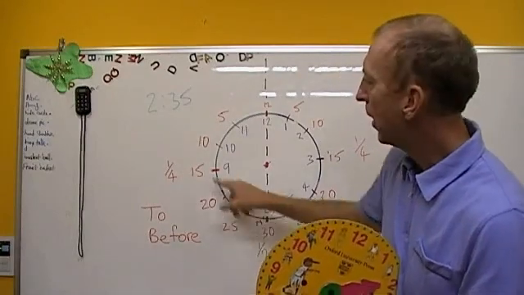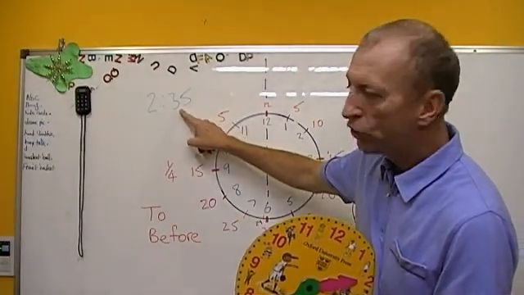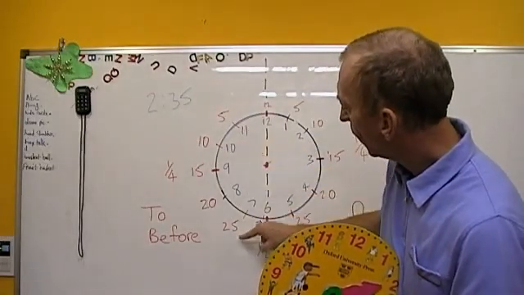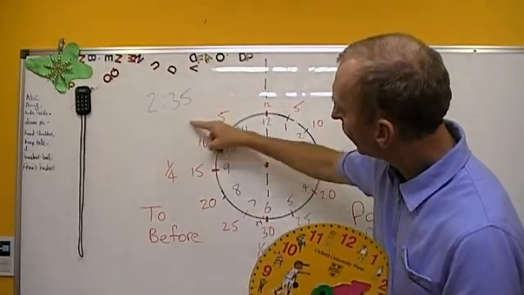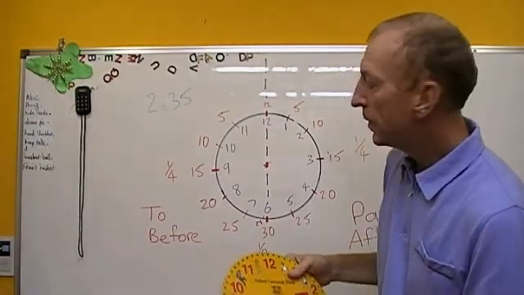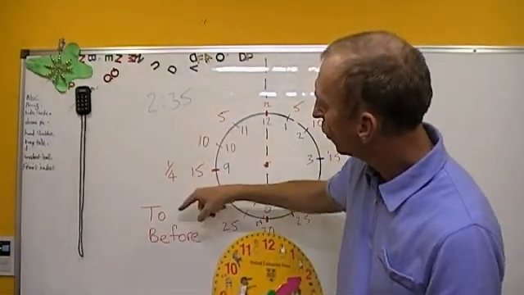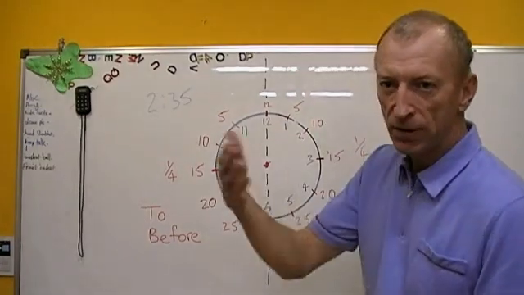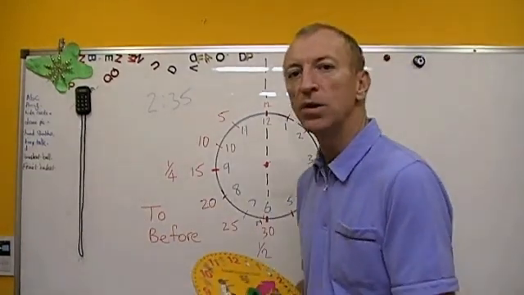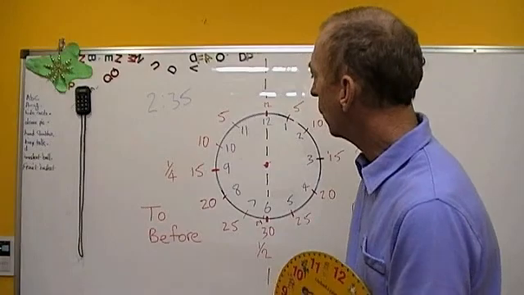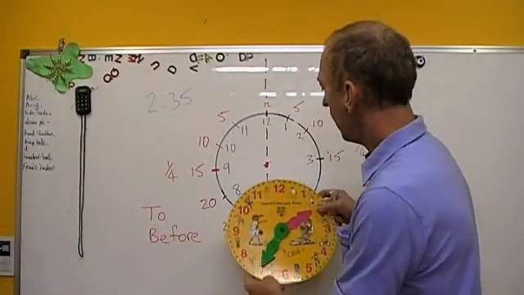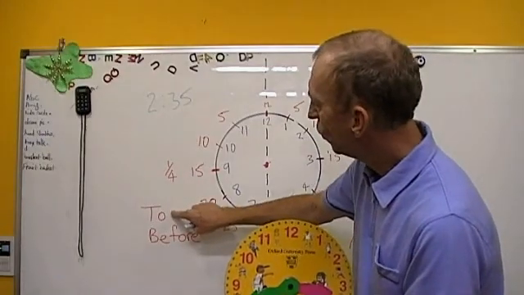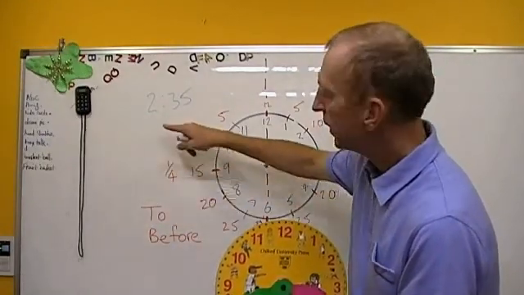So we don't say 35 to, we have to say, we work back here, 25 to. Where is the clock going? We're going to, so it is actually going to the next hour, which is 3. So we read that time as 25 to, it's going to the next hour.